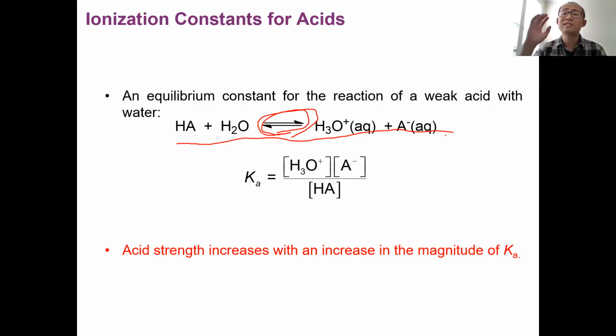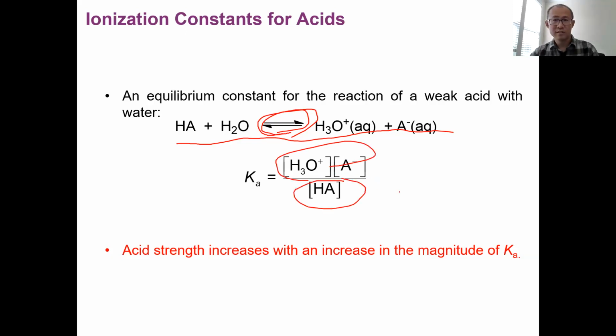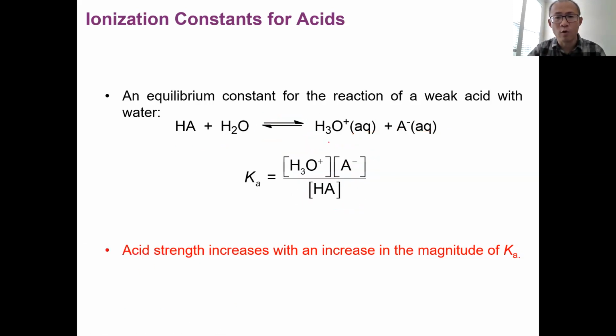Since this is an equilibrium, we can write the equilibrium constant, product concentration over reactant concentration, each raised to its coefficient. The coefficients are all 1 in this case, so we don't have any exponents on these concentrations. Someone will ask, hey, when you write the equilibrium constant, product over reactant concentration, why don't you include water?